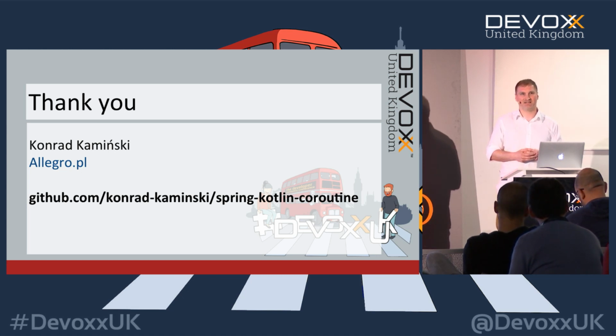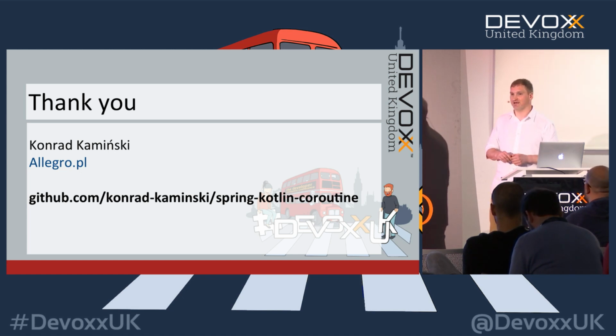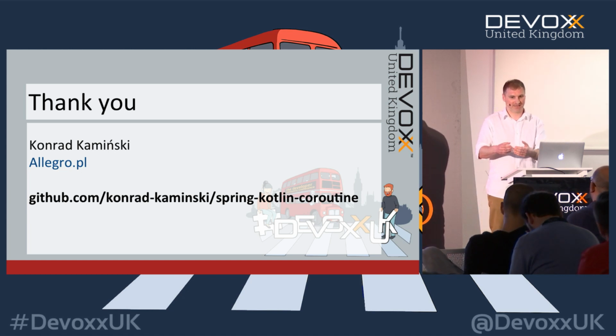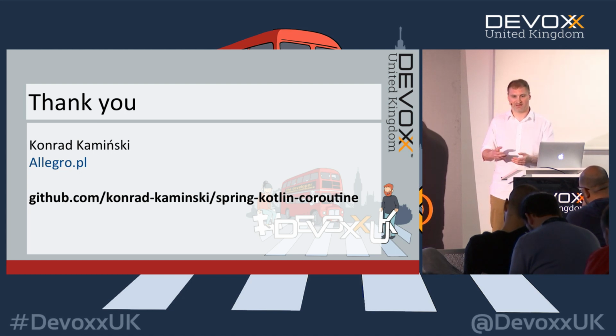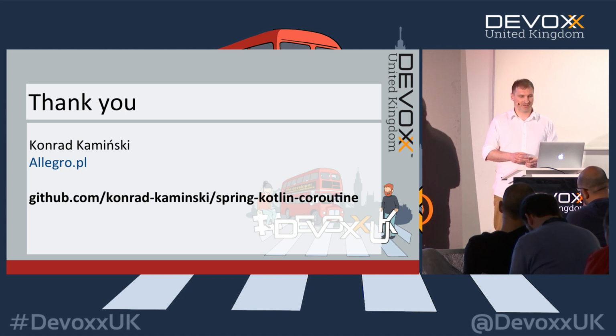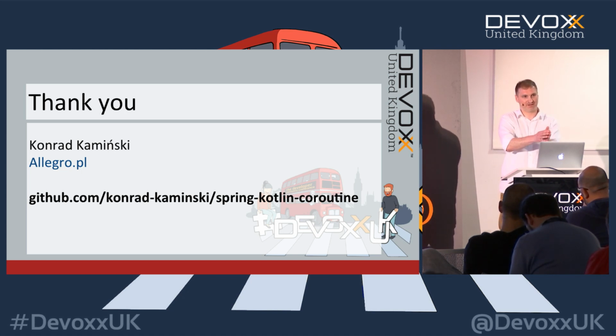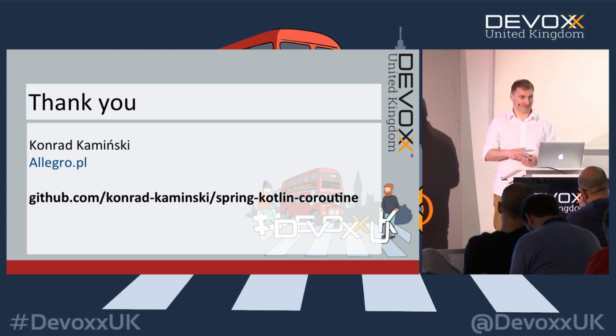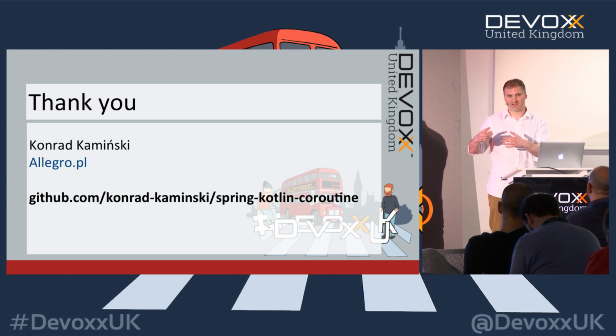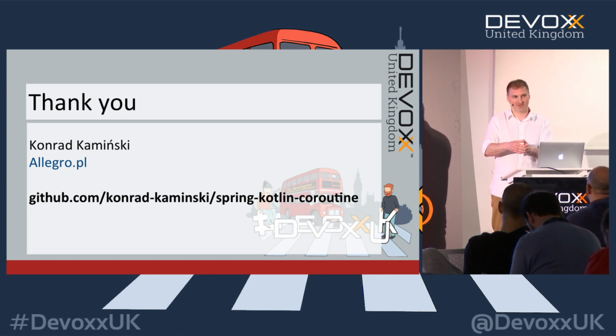I think it will be called non-experimental in Kotlin 1.3, but the position right now is that we can use coroutines without fear that they will change significantly. Because one thing is the compiler, and the other thing is those libraries that we used here. When JetBrains releases some feature, if they change something, they always provide a migration tool.